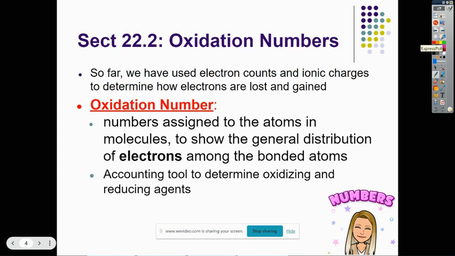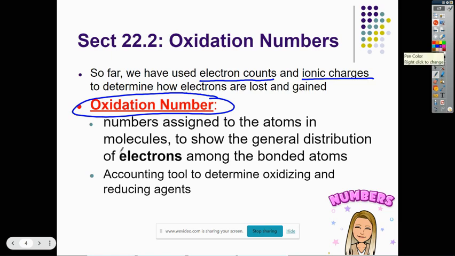We are basically going to look at how the electrons and the different ionic charges are going to either be gained or lost in their oxidation numbers. Oxidation numbers are kind of like charges. They are numbers that are assigned to the atoms in molecules.